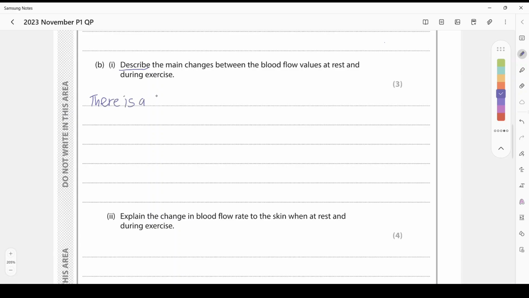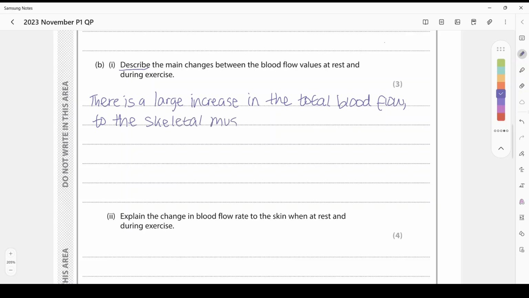There is a large increase in the total blood flow to the skeletal muscles, to the skin and to the heart.